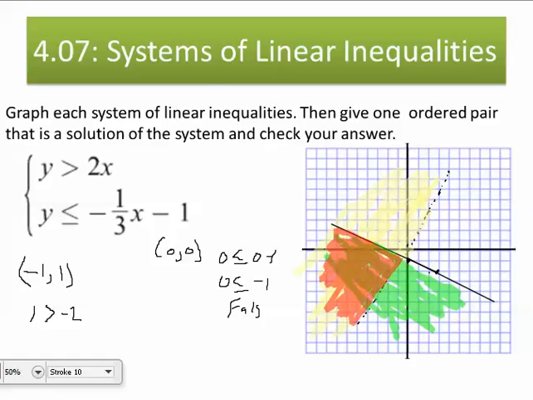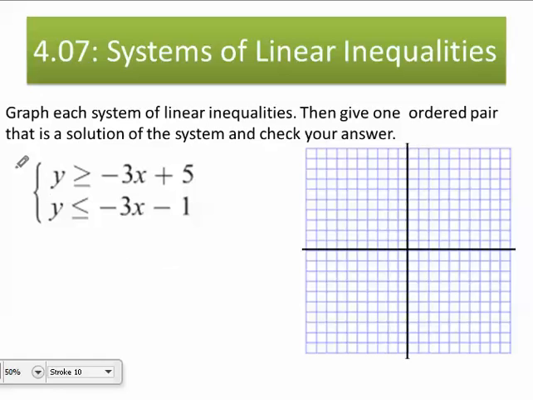Okay? Let's move forward. If we were looking at these two inequalities and we're trying to graph them, first one, I go up to 5. 1, 2, 3, 4, 5. And I've got a slope of -3. That means go down 3 and over 1, down 3, over 1. Okay?